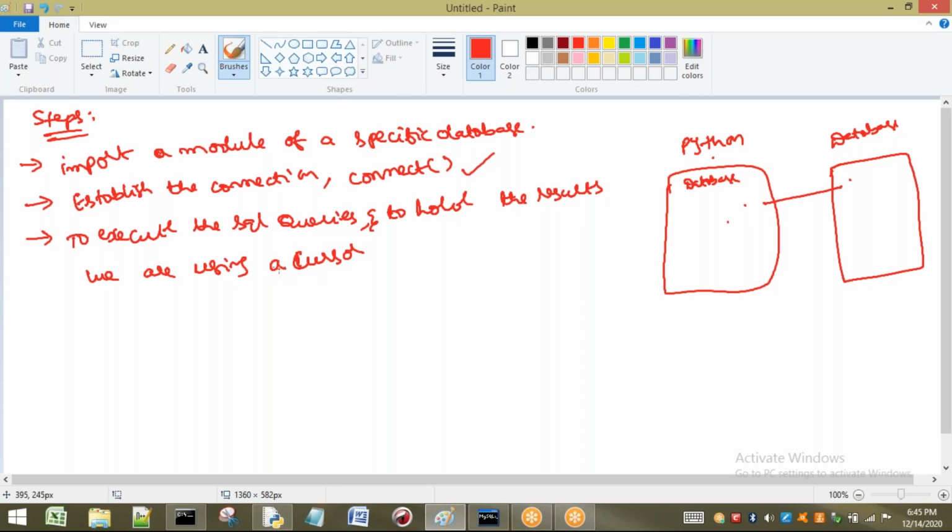For that, we are using a function called the cursor method. Function or method, no problem. So the cursor method I am going to use.